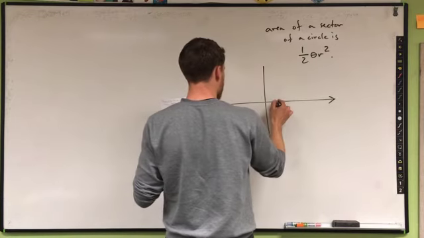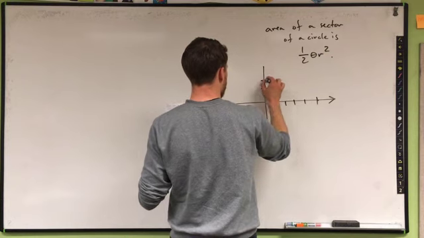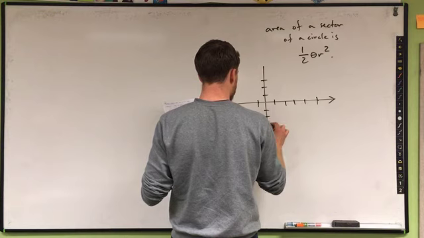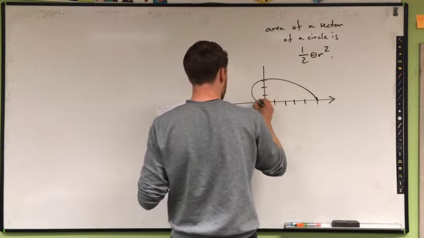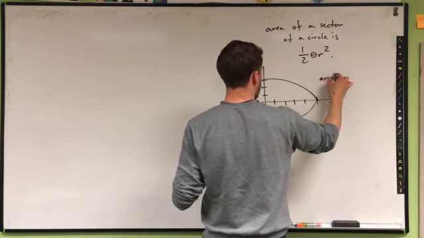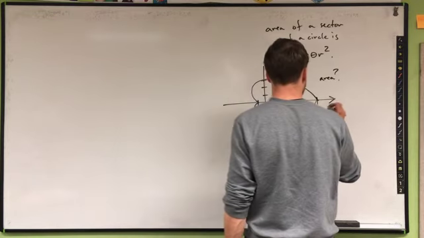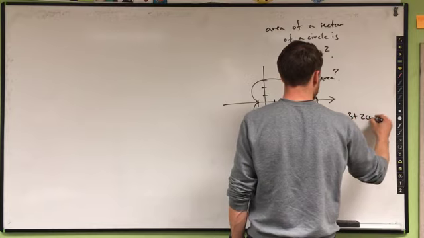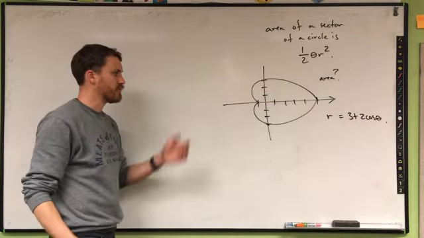We had one that started at 1, 2, 3, 4, 5, came down to 3 by the time we got here, came down to 1 by the time we got here, and then 3 again, and then back. So it looked like this, right? So say we want to find this area. What is the area inside this cardioid? By the way, this is the polar function r equals 3 plus 2 cosine theta, which we graphed before. So it looks like this.